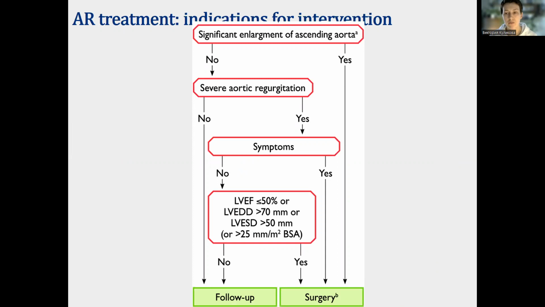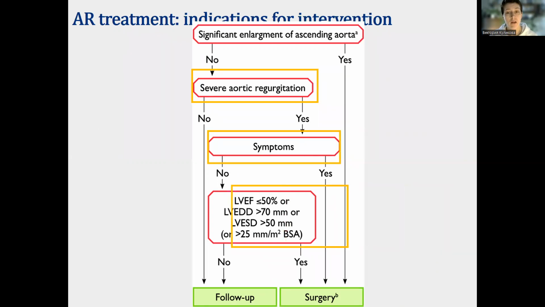If it's severe aortic regurgitation with symptoms, or with a left ventricle ejection fraction less than 50%, or left ventricle end-diastolic diameter more than 7 centimeters, these are indications for surgery.